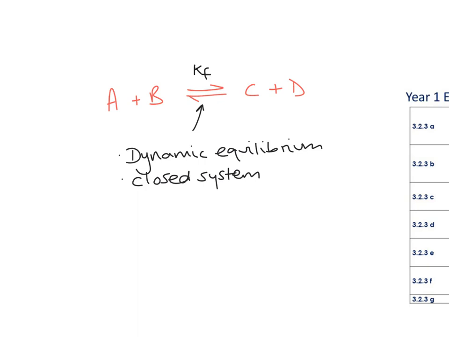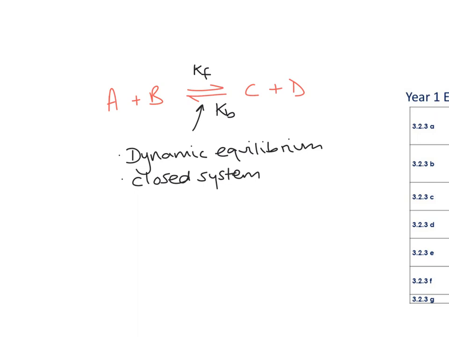So this arrow represents A and B changing into C and D. On the reverse, C and D, the products, can go back to reactants, and this rate is called kB, rate of backwards. So we have rates of forwards and rates of backwards.